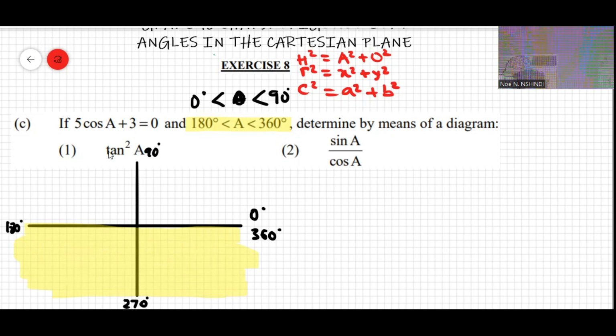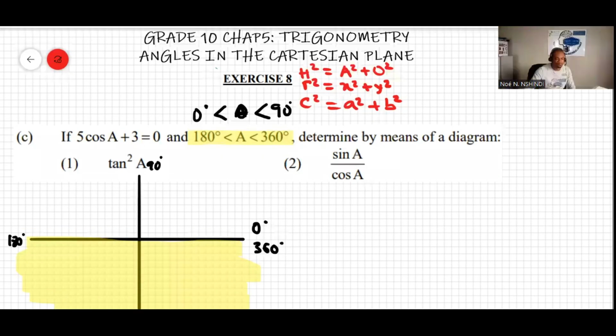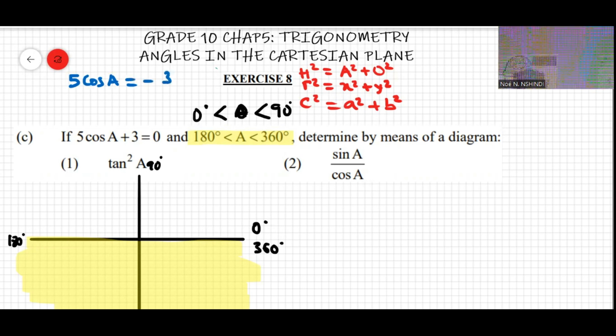Now let's see where I am going to draw my triangle. They say here 5 cos A plus 3 equals 0. I can move the 3 over, so 5 cos A equals -3. To get cos A, I divide both sides by 5, and I'm left with cos A equal to -3 over 5.